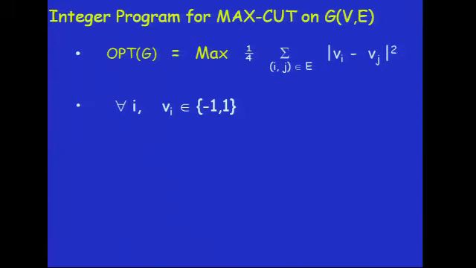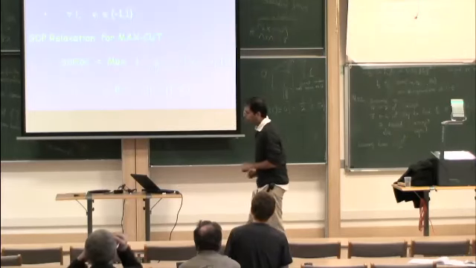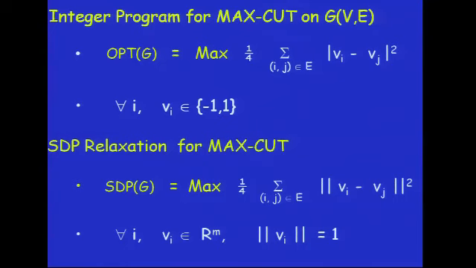Now this is just another reformulation of max cut. So this is again an NP-hard problem to solve. But then you can take this SDP relaxation, and what the SDP relaxation allows you to do is, originally the variables are supposed to be +1 or -1. Now the variables are allowed to be unit vectors in arbitrarily high dimension. Okay.